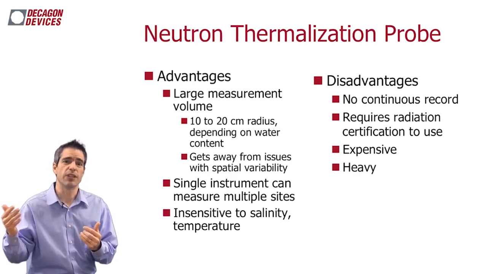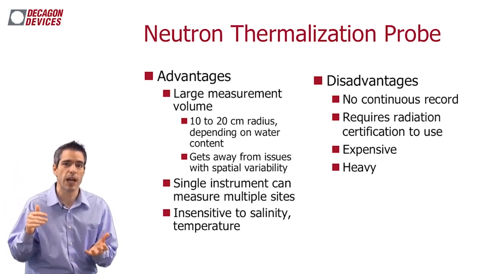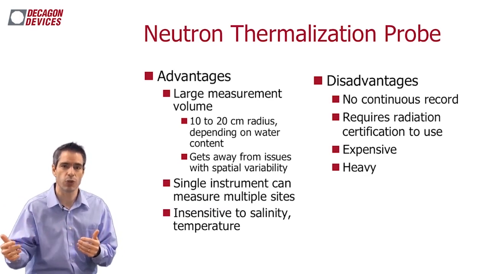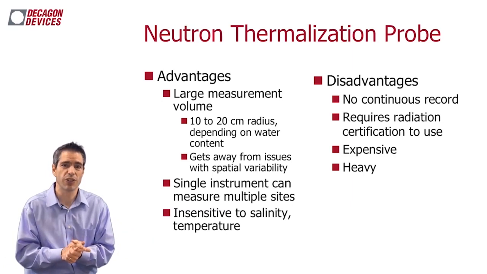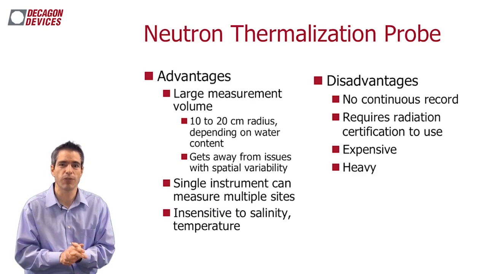This new technology is able to compare the difference of thermalized neutrons coming in from the atmosphere and coming out from the soil, and be able to make an estimation of soil moisture over quite a large footprint. This technology is called COSMOS, and you might look up on the web to get a little more information on that.